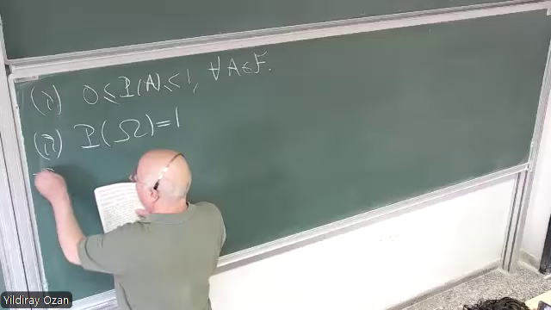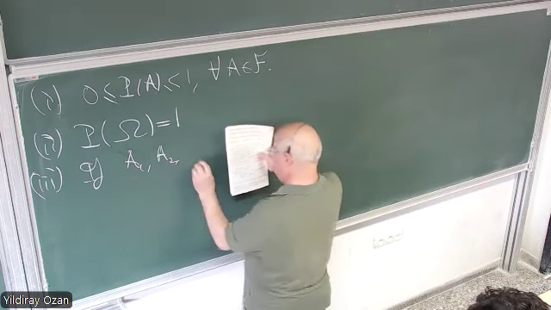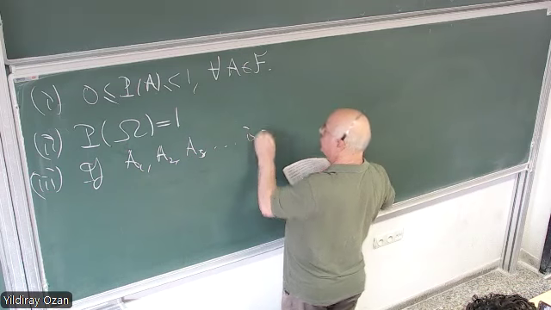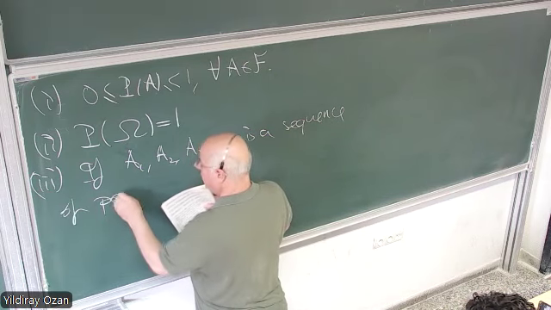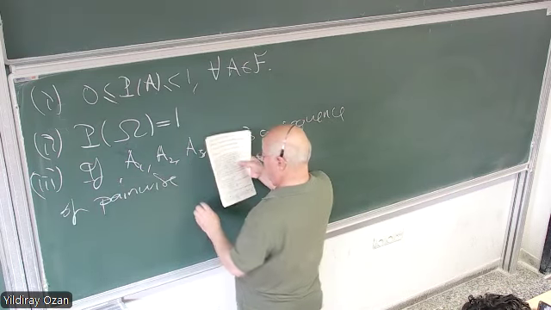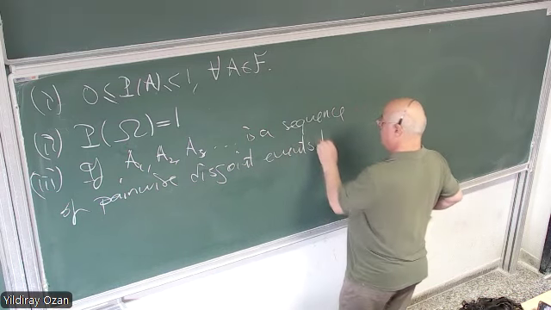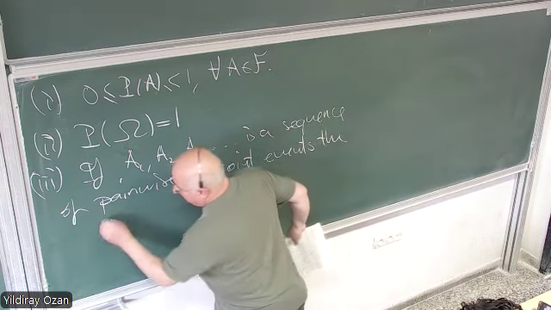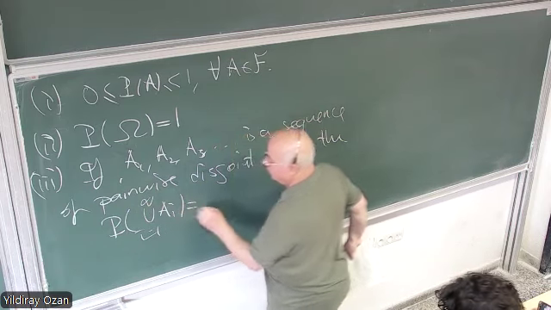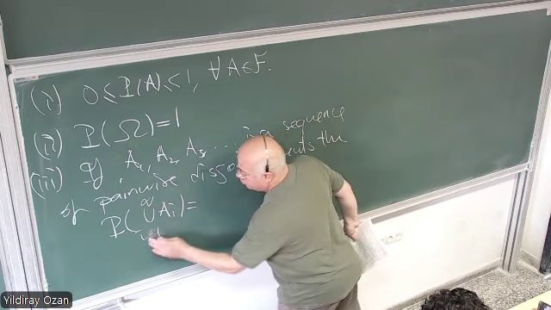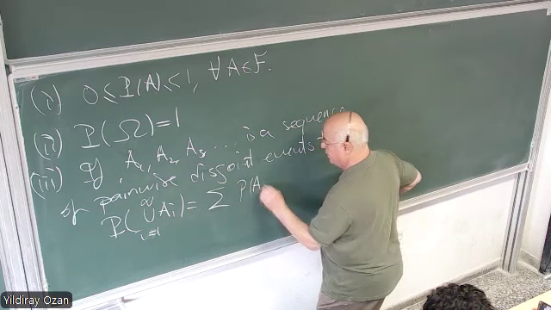Okay. Third one: if A1, A2, A3, and so on is a sequence of pairwise disjoint events, then the probability of the union of these events, and here it is important that this is a countable union, is the sum of the probabilities.